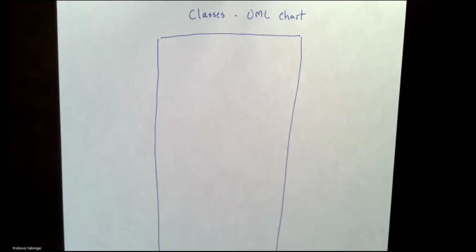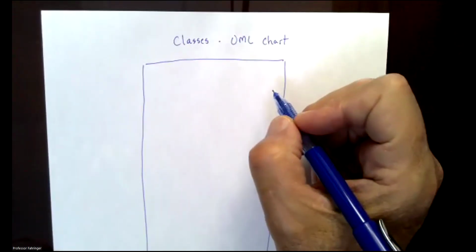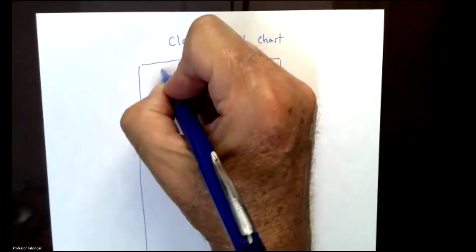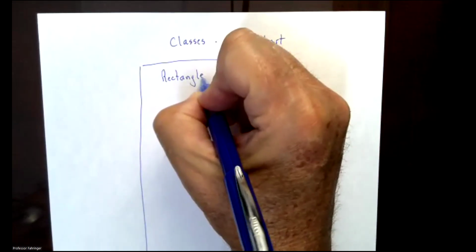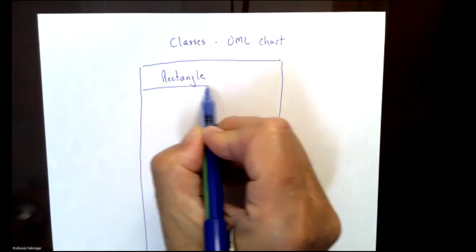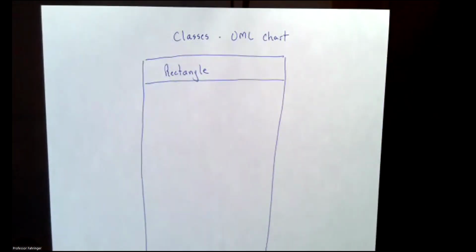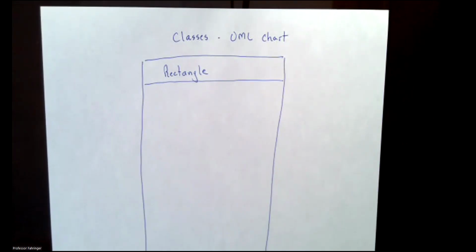The one that we learned, our bread and butter, was the ever popular what class? Starts with an R. Not a square, but a Rectangle. Yep. And a UML chart would start with putting the name of the class up top. What was the second thing that we had in the UML chart?